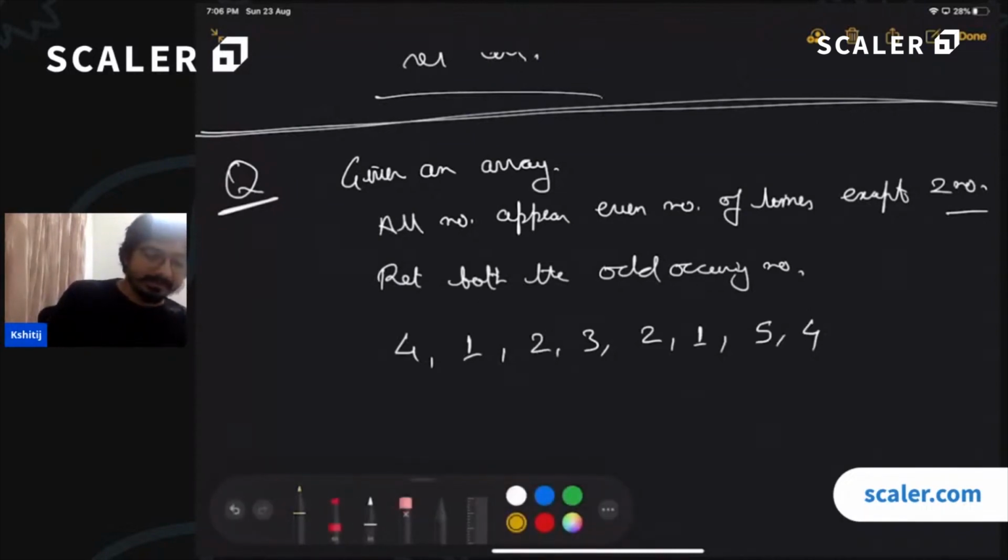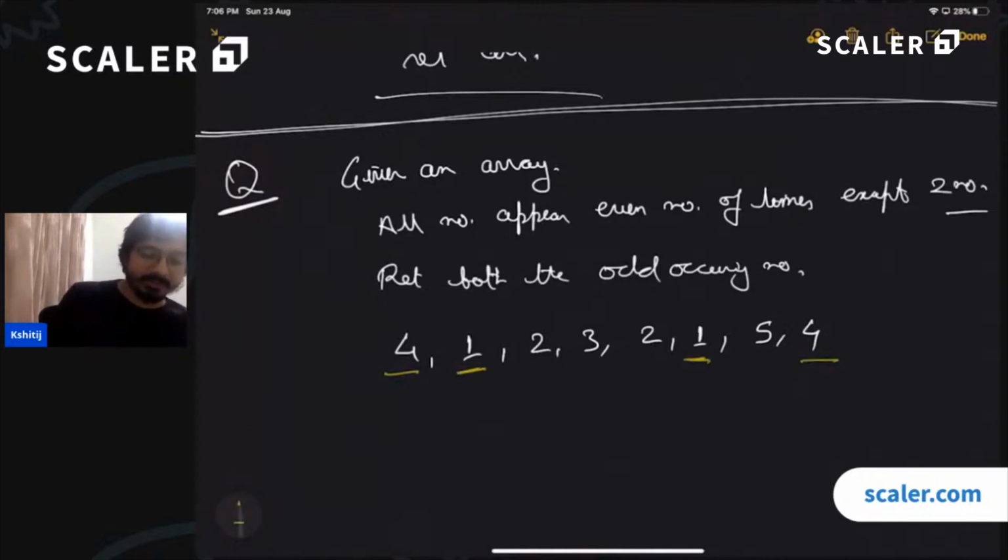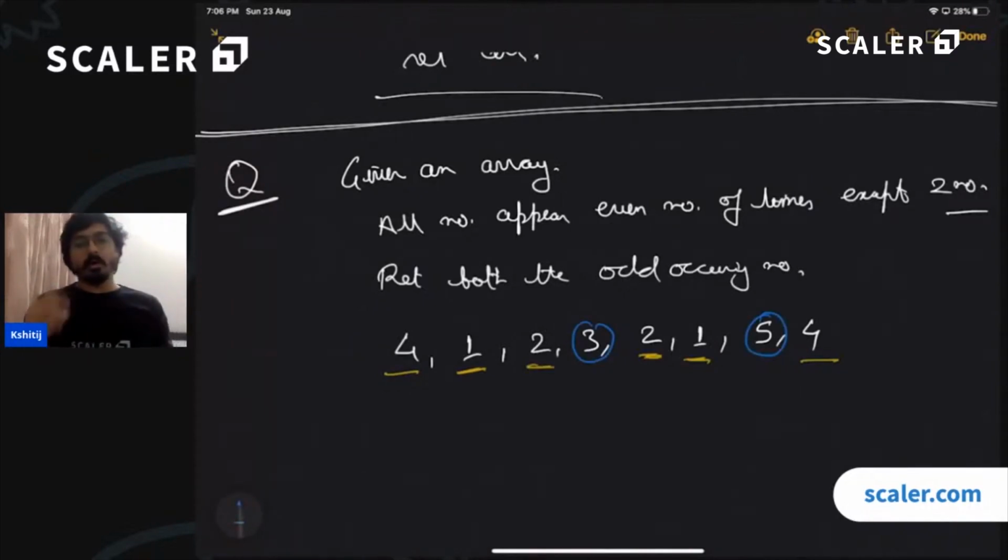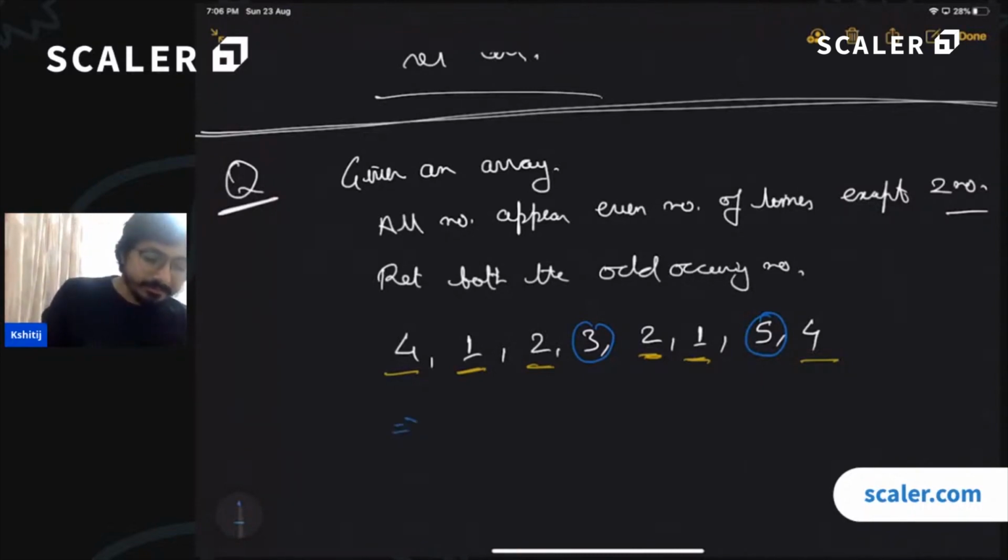Now in this case, you can see that 4 is occurring an even number of times, 1 is occurring an even number of times, 2 is also occurring an even number of times, but 3 and 5 are occurring an odd number of times. So in this case, you have to return both these elements. Is the problem clear, guys?